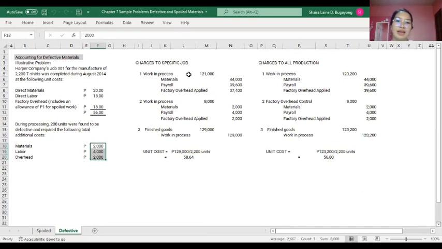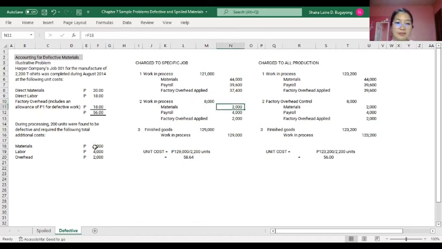So again, we will not include the allowance for defective work. Okay. So we have an additional cost because the 200 units are defective, so we also need to record it as part of our work in process.